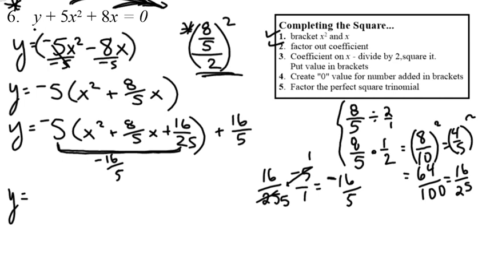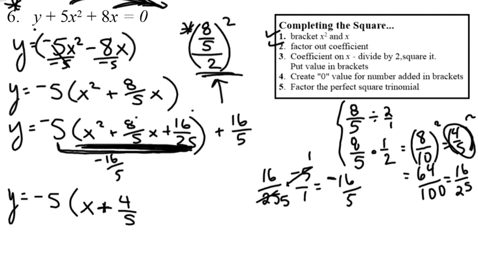Y equals -5. I now complete the square and I factor it. Well, what two things multiply to 16/25 and add to 8/5? That's a little ugly. But remember, our perfect square factoring, there's the value. What was 8/5 divided by 2? 4/5. So it just becomes x plus 4/5 squared.